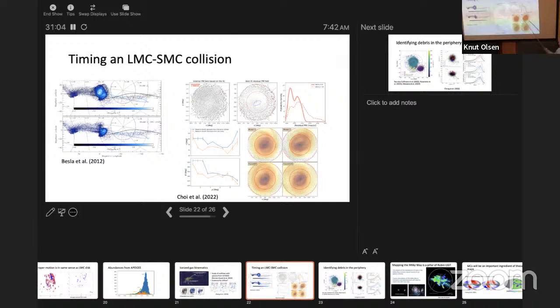The other thing we can do is look at the noisiness of the internal proper motion. This is a paper by Yoon Choi, where we modeled the internal proper motions from Gaia. These are red clump stars.